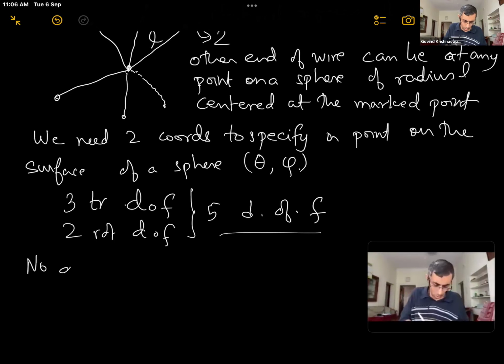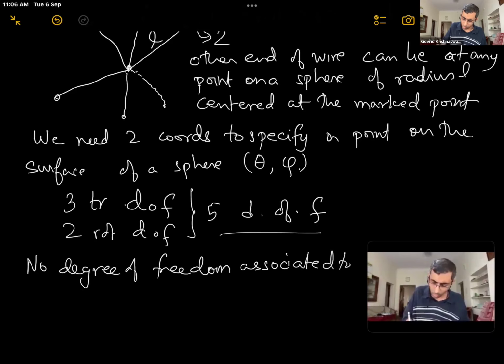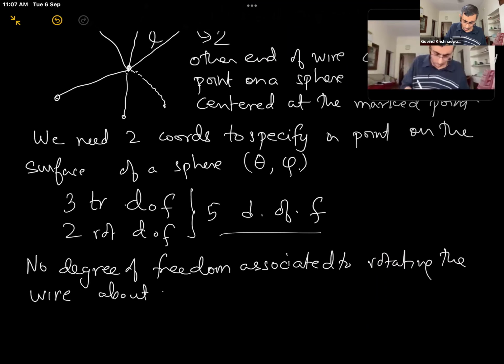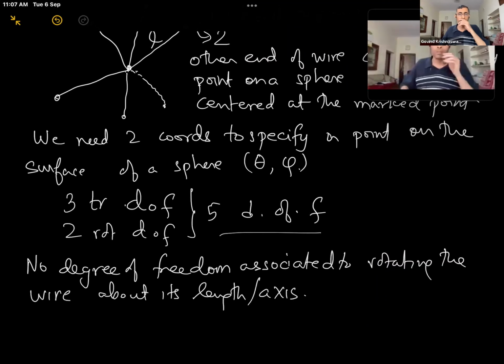So no degree of freedom associated to rotating the wire about its axis. If I have a wire like this and I rotate it about its axis, I don't change its configuration.